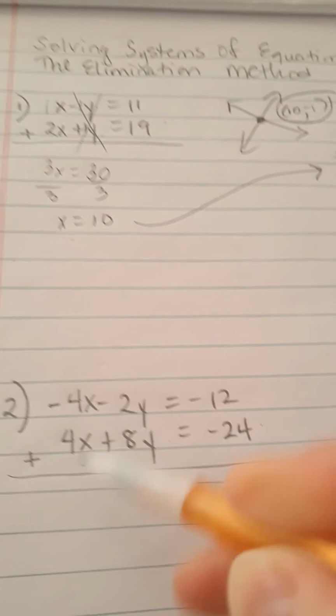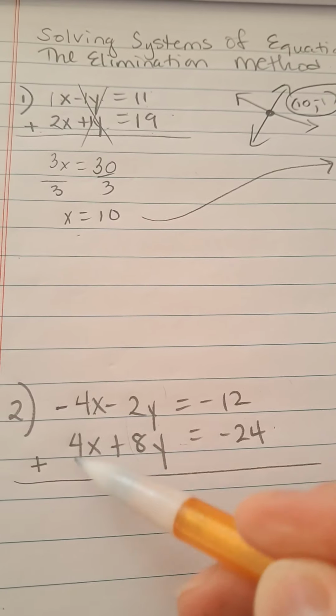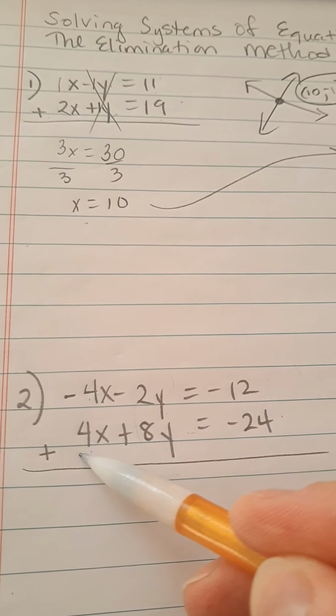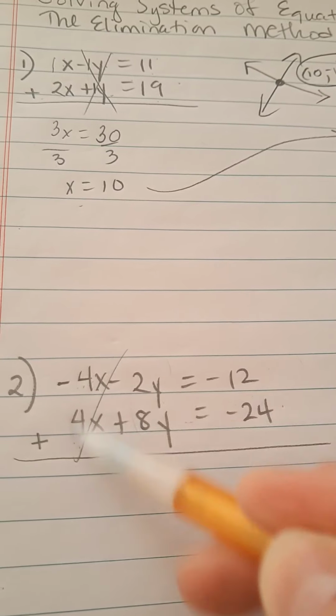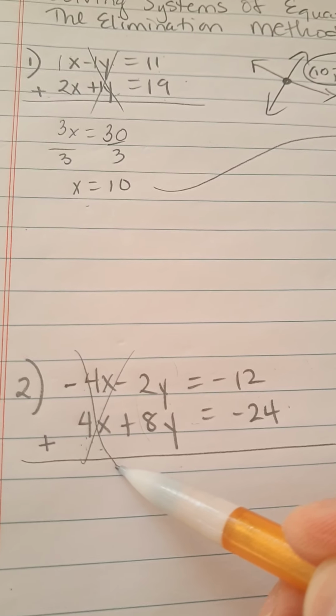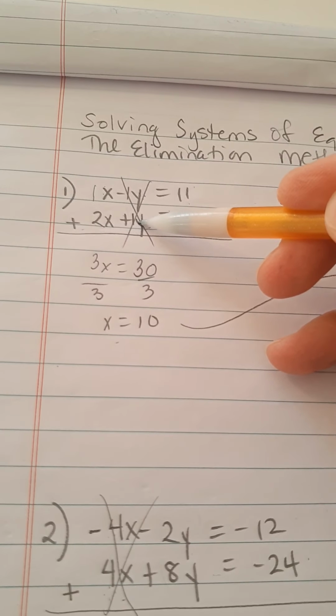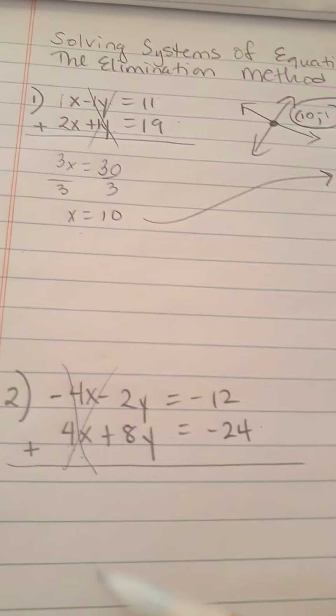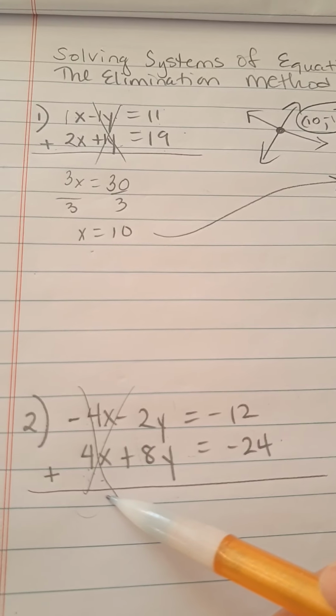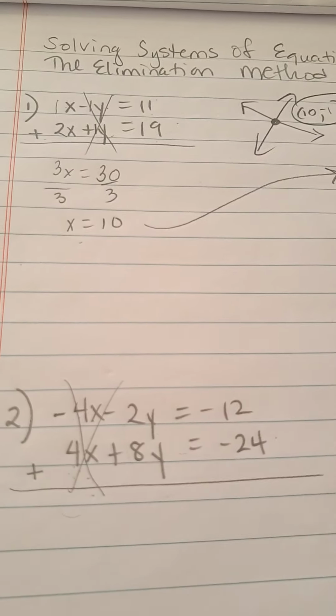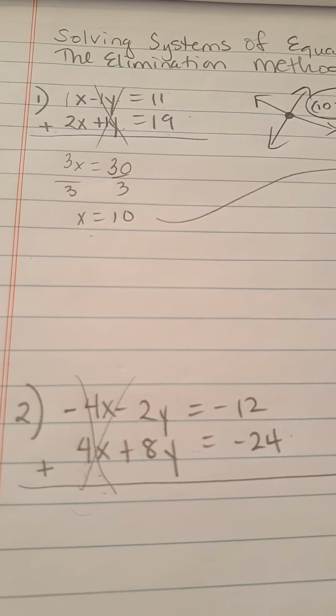So if you notice, these are opposites of each other. The coefficients are such that one's a positive 4, one's a negative 4. They're totally crossed out. So in example 1, we crossed out the y's. We eliminated the y's. In example 2, we're eliminating the x's. Doesn't matter which variable gets eliminated first.